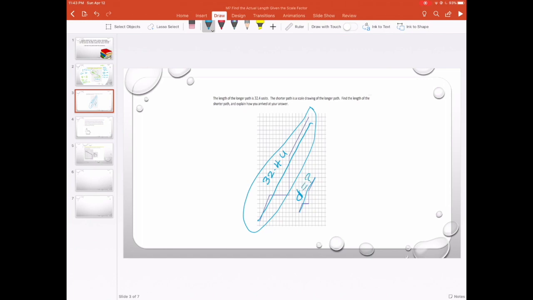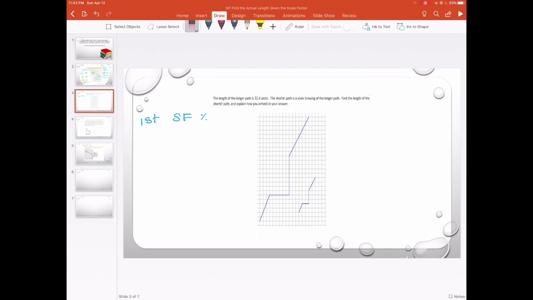First thing is we have to figure out the scale factor. So I'm going to write first, scale factor as a percentage. To do that, I have to find a corresponding side that's easy to manipulate and easy to figure out the scale factor as a percentage.